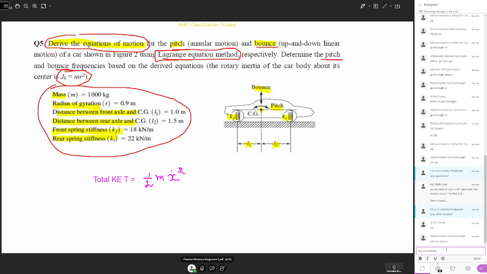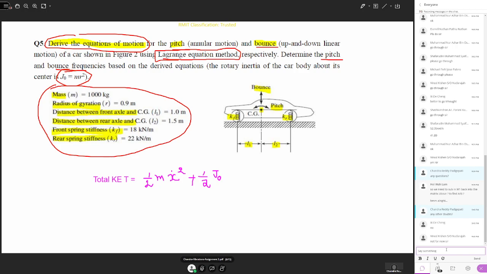Plus there is an angular displacement theta, so there is a rotational kinetic energy, which is half I omega square. So half J naught, where J naught is the mass moment of inertia, so the mass is replaced with the mass moment of inertia.